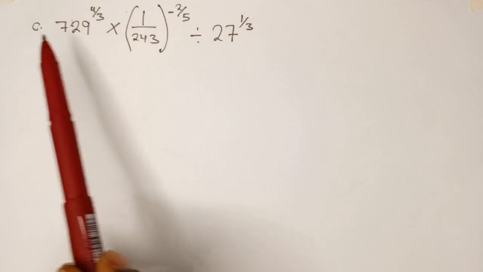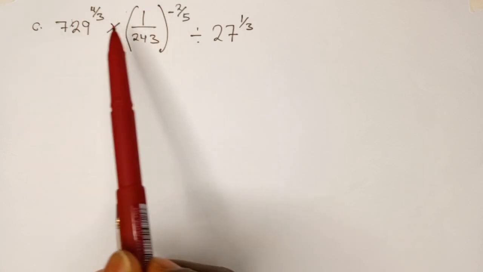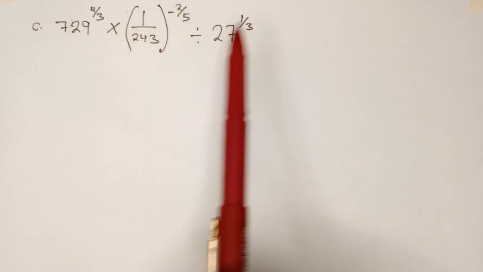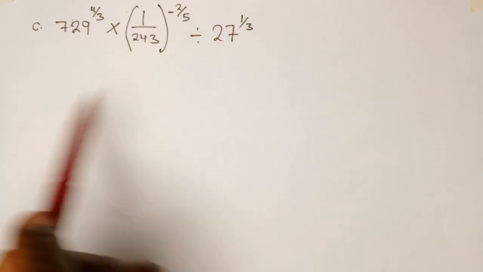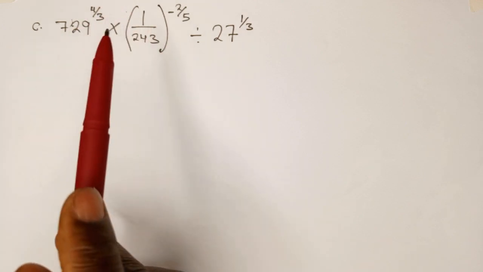So C, 729 raised to 4 over 3 times 1 over 243 raised to negative 2 over 5 divided by 27 raised to 1 over 3. The easiest way to do this question is to express all the numbers to base 3.